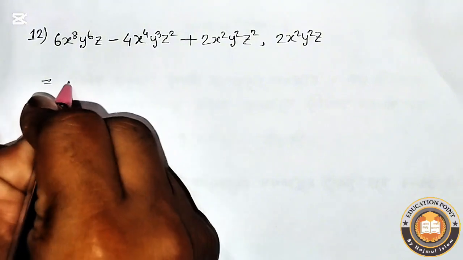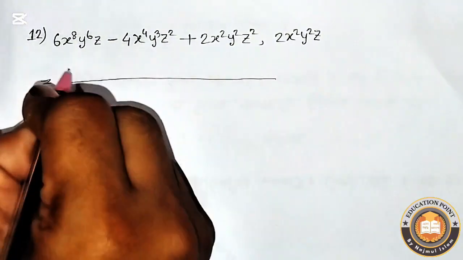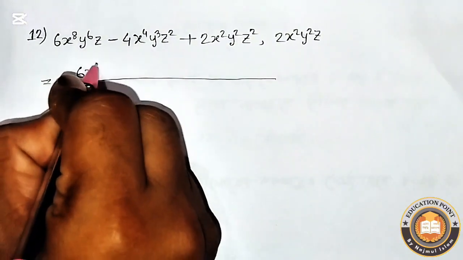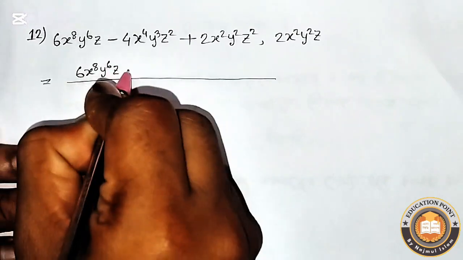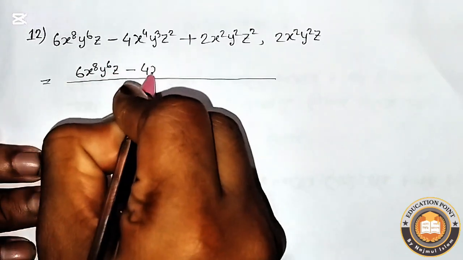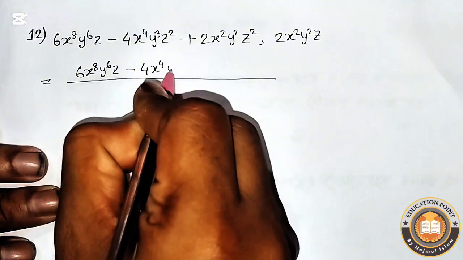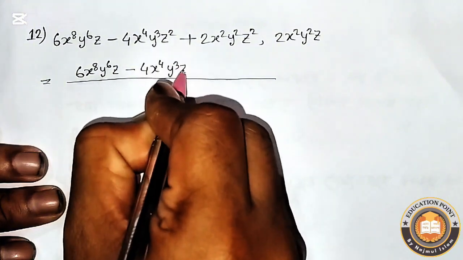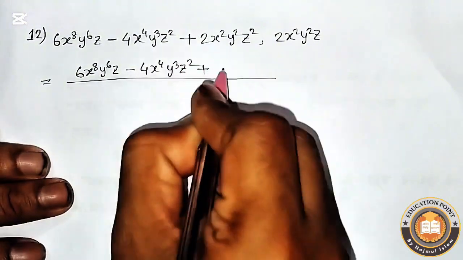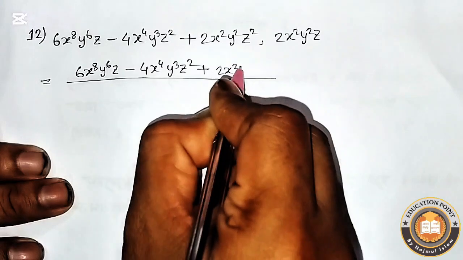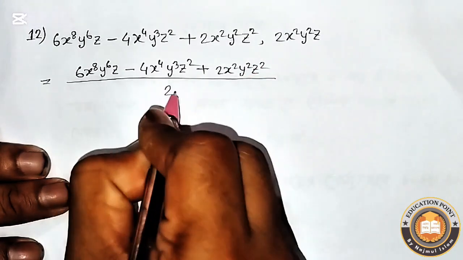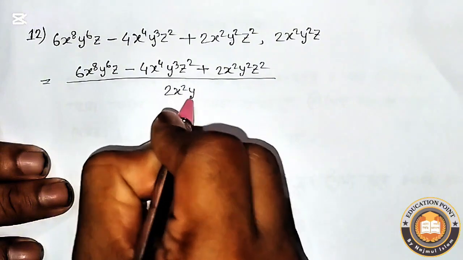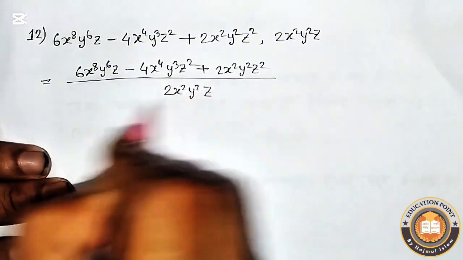Number 12: 6x to the power 8 y to the power 6 z minus 4 x to the power 4 y cube z square plus 2x square y square z square divided by 2x square y square z.